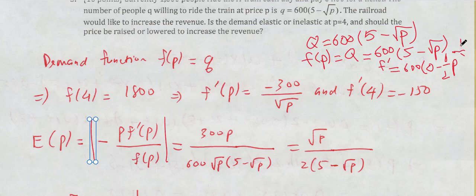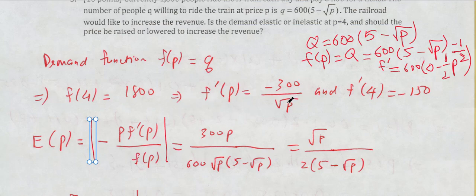So 600 multiplied by minus 1/2 gives me minus 300 right here. And then p to the minus 1/2, I can bring down to the denominator, or it just gets back to the square root of p at the bottom. So this is the function for f prime of p.